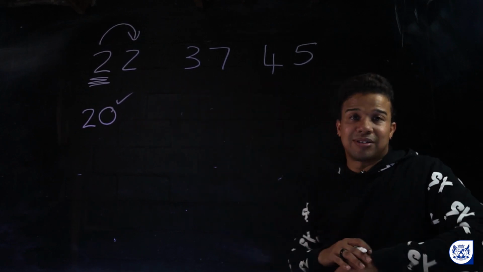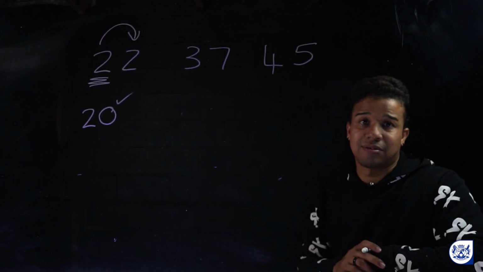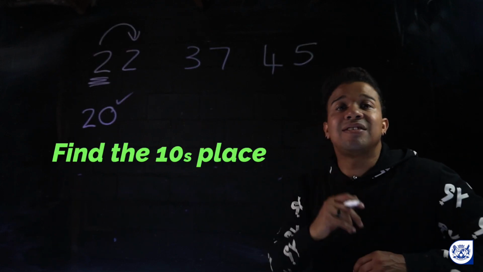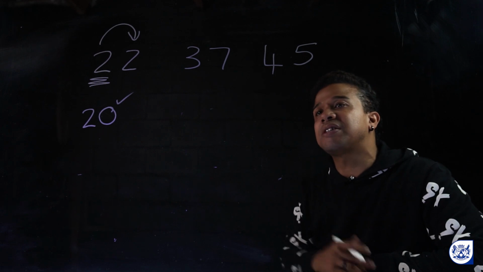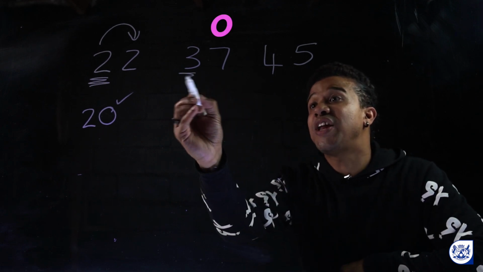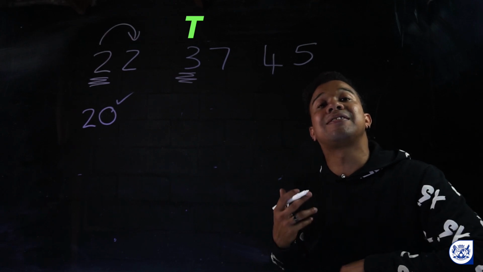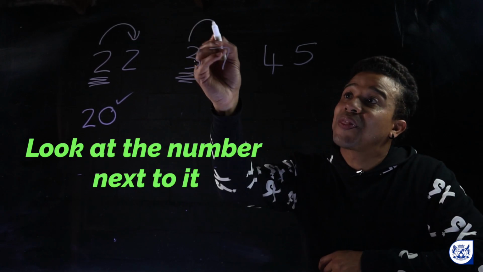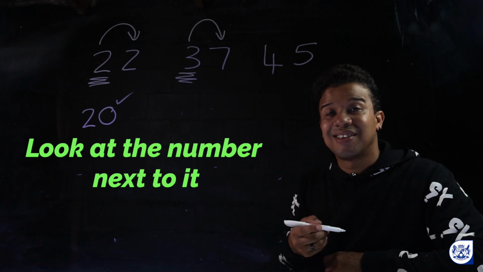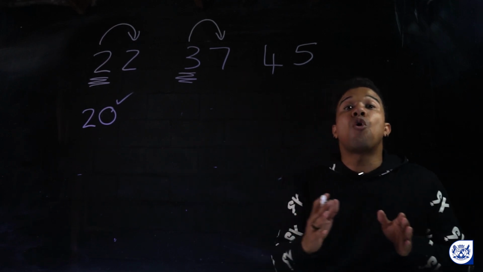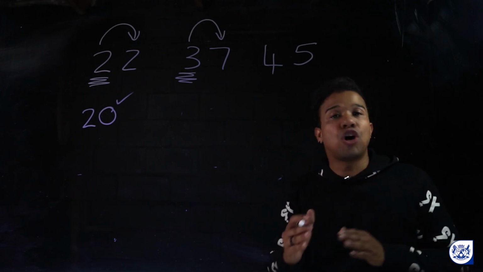Let's look at the next number. The next number is 37. And what must we do? We must locate the number that's in the tens place. So now let's see which number is in the tens place. That's the ones, the 3. This number 3 is in the tens place because we're rounding off to the nearest 10. Now, let's look at the number next to it. The number next to it is 7. And that falls in the 5 or more category and not in 4 or less.